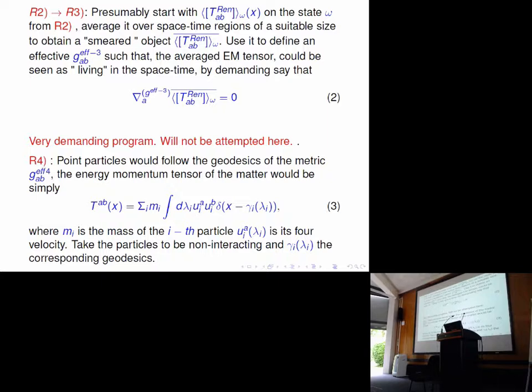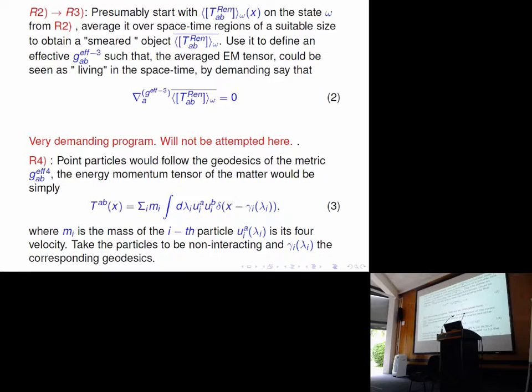What would that mean? It would mean finding a tensor, which we call the effective metric of level 3, such that, for instance, this new averaged energy momentum tensor is conserved. Of course, this is a very demanding program. We will not attempt anything like that here.